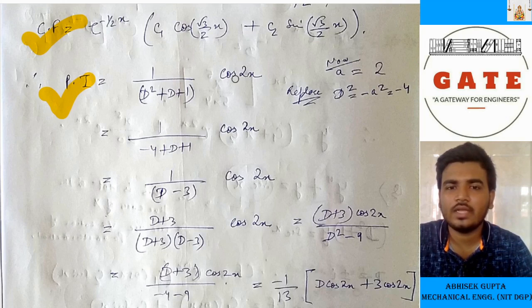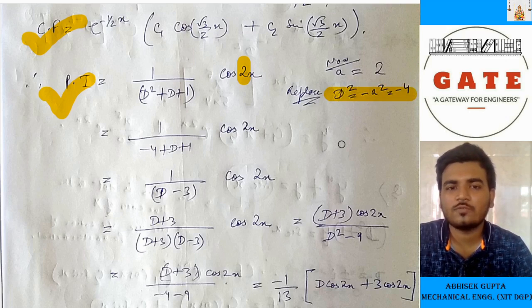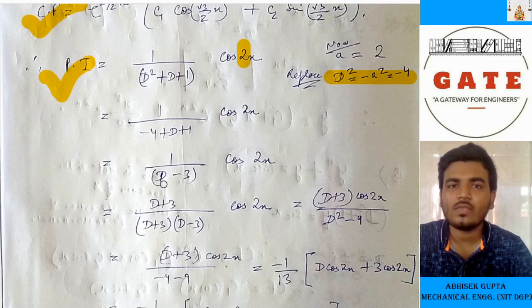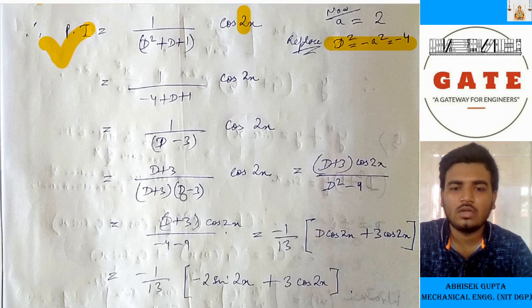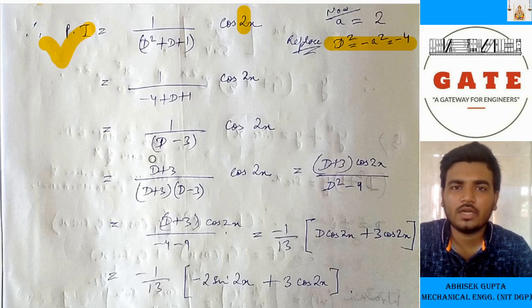Now here cos 2x, therefore small a is 2, and we have to replace D square by minus a square, which is minus 4. So replace D square by minus 4, you will get 1 by D minus 3 into cos 2x. Now multiply by D plus 3 in numerator and denominator, you will get D plus 3 into cos 2x divided by D square minus 9.